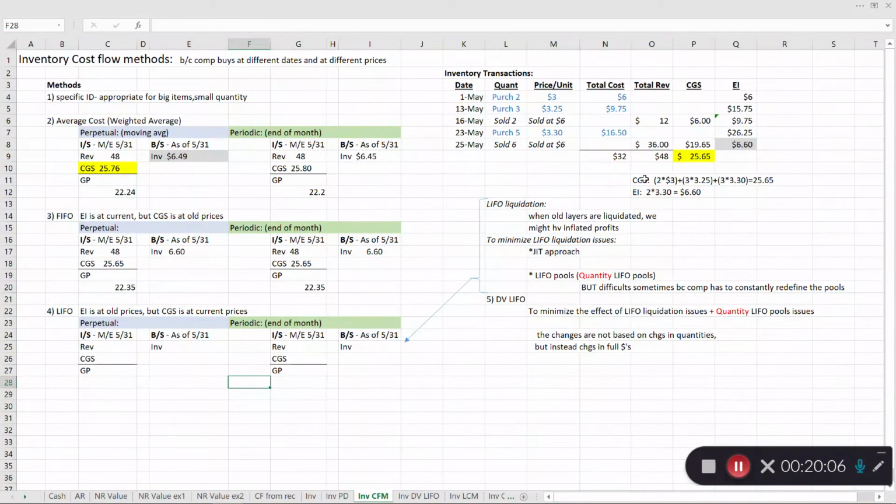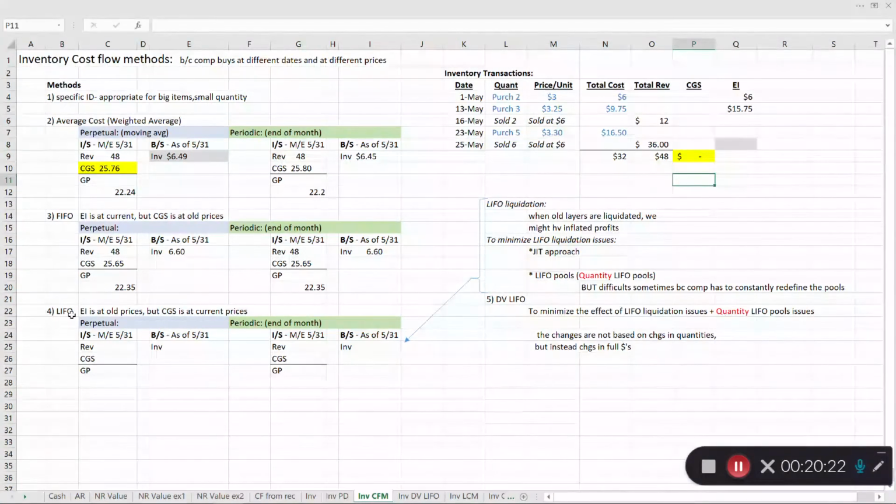So I'm going to erase this so we can start again. There we go. Okay, so if we're using the last in, first out, then that's the complete opposite of this, right?